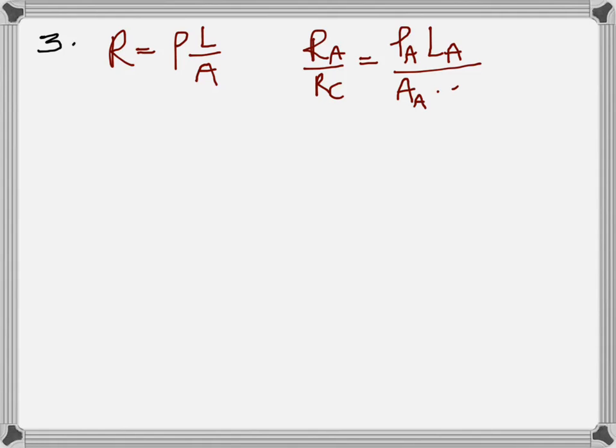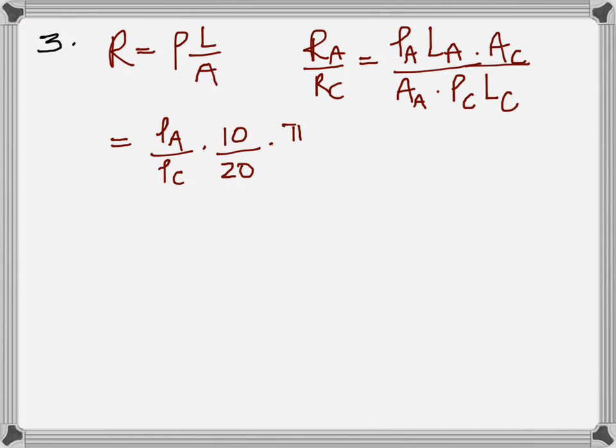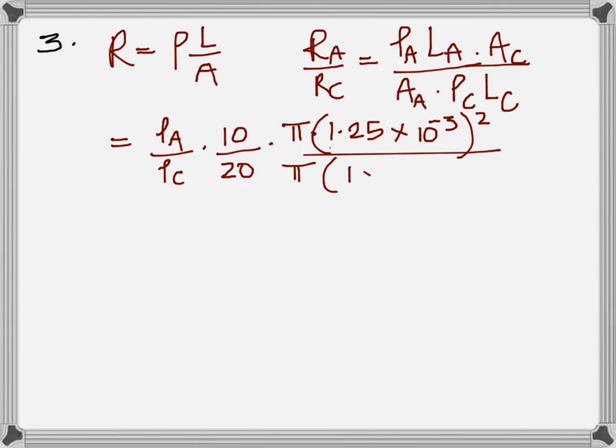In the third one, you have to find the ratio of the resistance of an aluminum to a copper wire. And the formula is R is rho times length by area. So you make the equations for both aluminum and copper and divide. This is what you get. The lengths are 10 and 20. The area of cross section is pi r squared. So the millimeter has to be changed into meter.